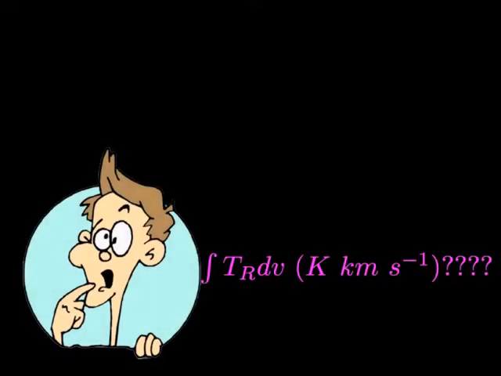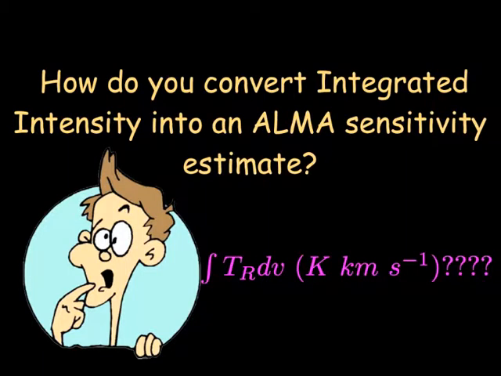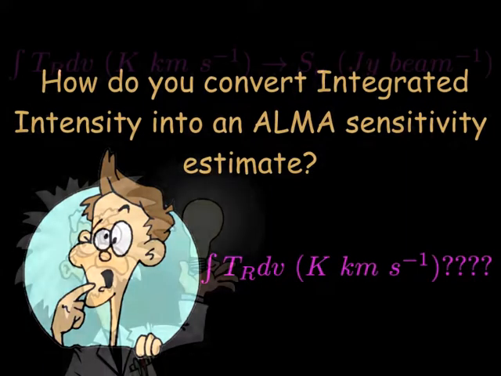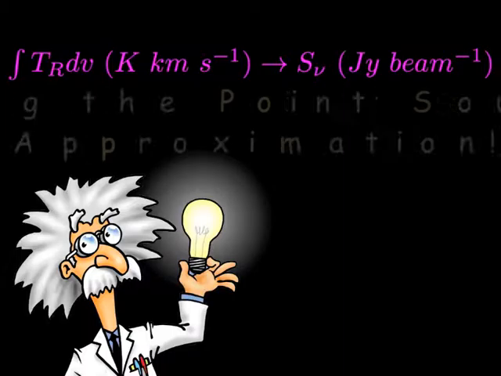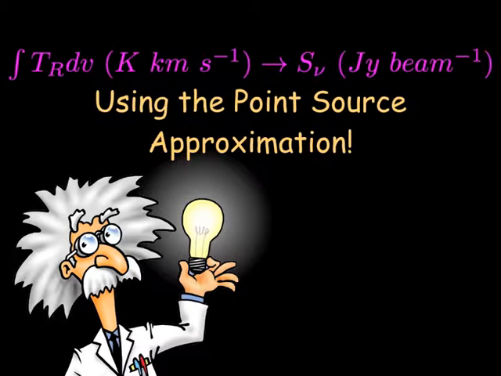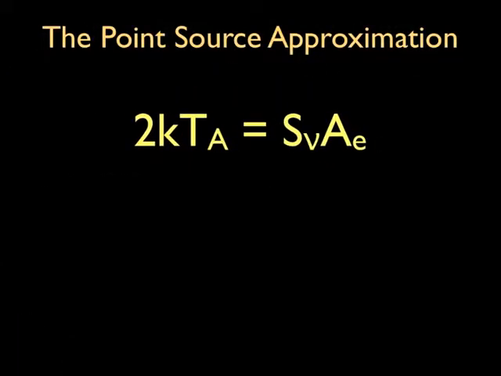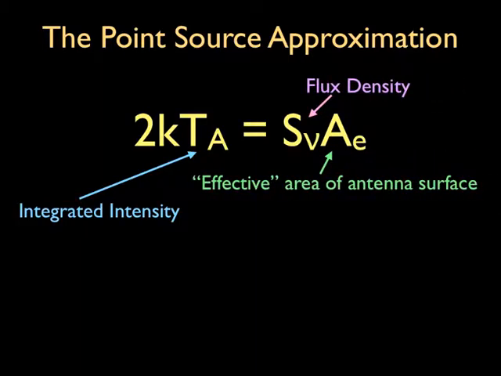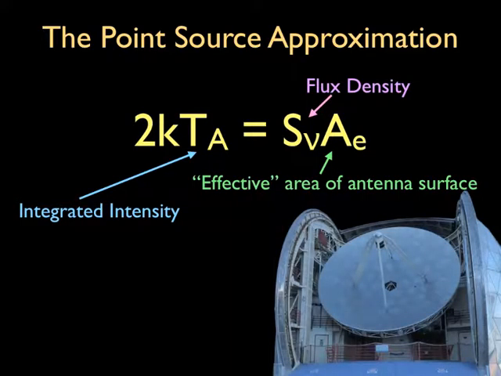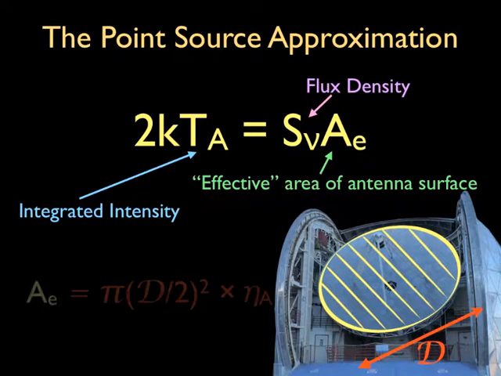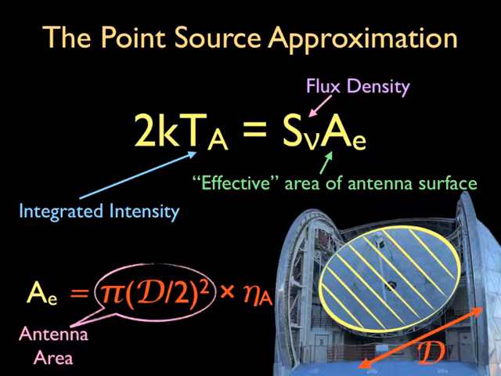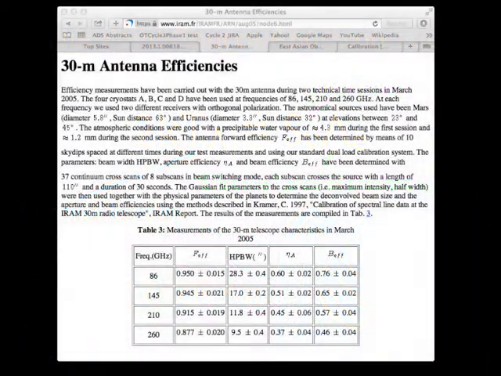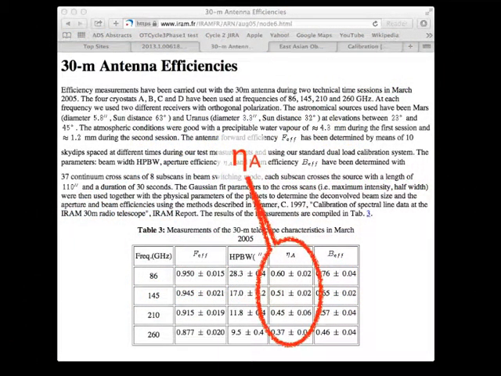The simplest, if not most rigorous way to use an antenna temperature to estimate an ALMA observation is first to convert the antenna temperature into a flux density using the point source approximation, usually written like this, where this is the integrated intensity in kelvins kilometer per second, this is the flux density, and this is the effective area of the antenna surface of the single-dish telescope, equal to the area of the antenna, pi r squared, times the overall aperture efficiency. You should be able to find out the aperture efficiency from documentation for the single-dish telescope in question.